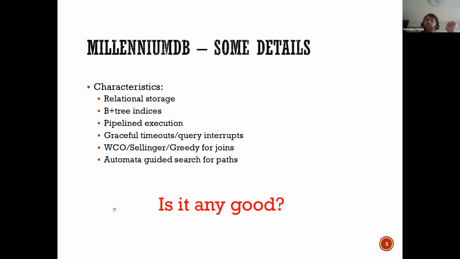It supports full pipelined execution, meaning you can halt your query, pipe the results upwards in any operator, any query you're doing, and continue later. That's why it allows graceful timeouts and interrupts. It has classical algorithms for joins, like Selinger and greedy left deep plans and worst case optimal. And it has automata guided search for path queries.